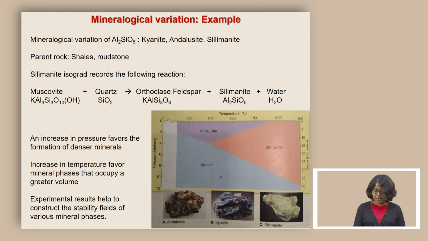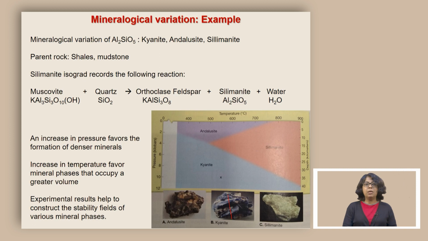So, if we look at these 3 minerals, andalusite versus kyanite versus sillimanite, they look quite different even without microscope. If you are looking at them under microscope, you will find a very distinct crystal structure of kyanite versus andalusite versus sillimanite. So, they are easy to identify in a rock.